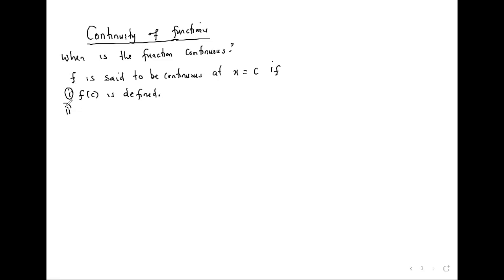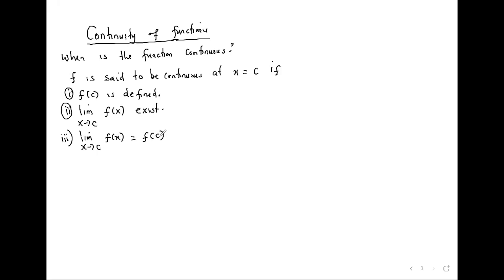Number two, if the limit as x goes to c of f of x exists. Number three, if that limit as x goes to c of f of x is the same value as f of c. So for a function to be continuous, these three should happen. If one of them fails to happen, then the function is not continuous.